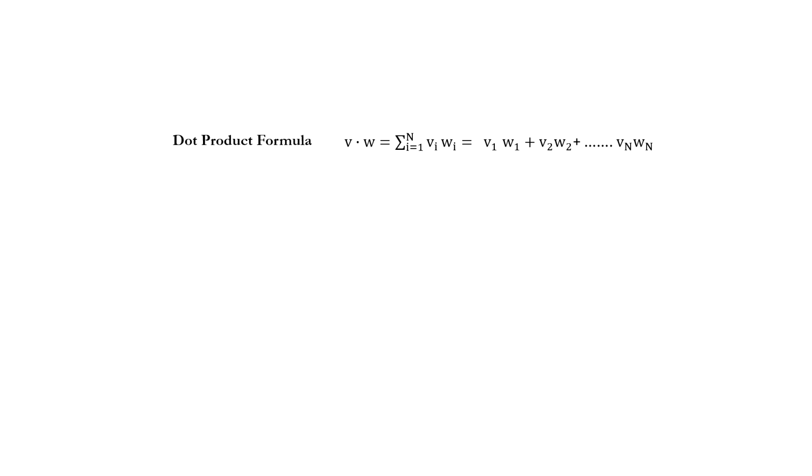And if we expand that, we could basically have v1 w1 plus v2 w2 plus vn wn. So the dot product is a similarity metric because it's high when two vectors have large values in the same direction.